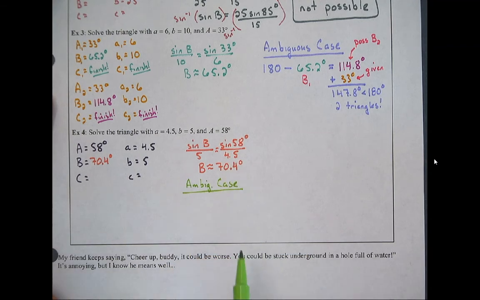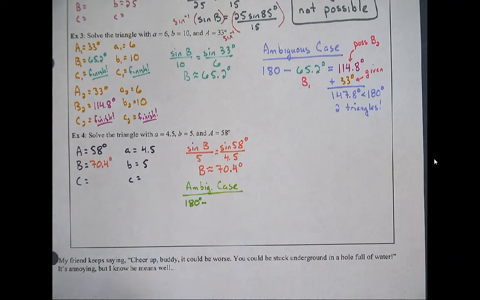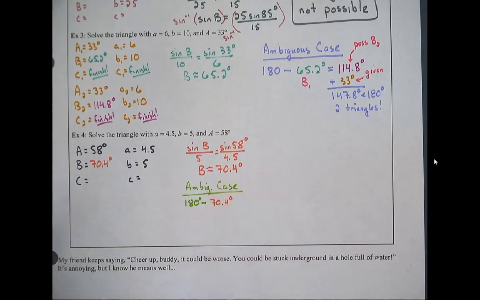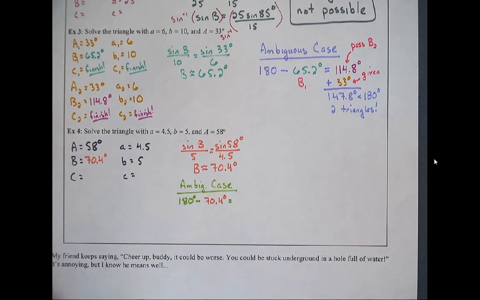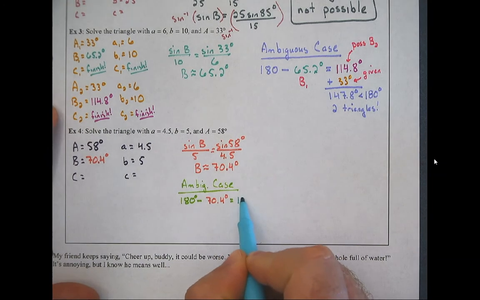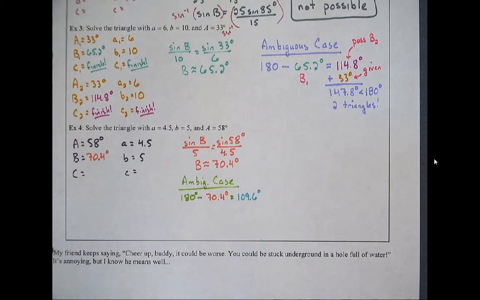So I'm going to look back at my unit circle. The ambiguous case is 180 subtract the angle that I got, which was 70.4. So 180 minus 70.4 is 109.6. Now, that's a possible B2.